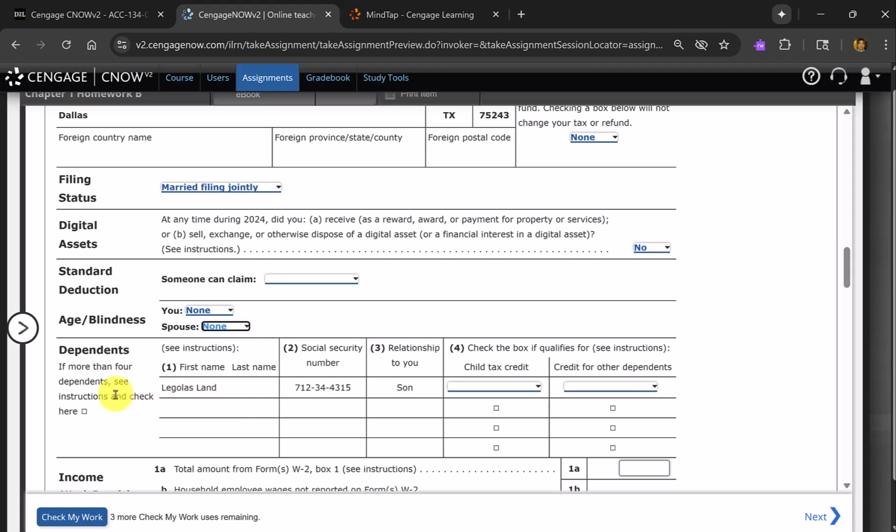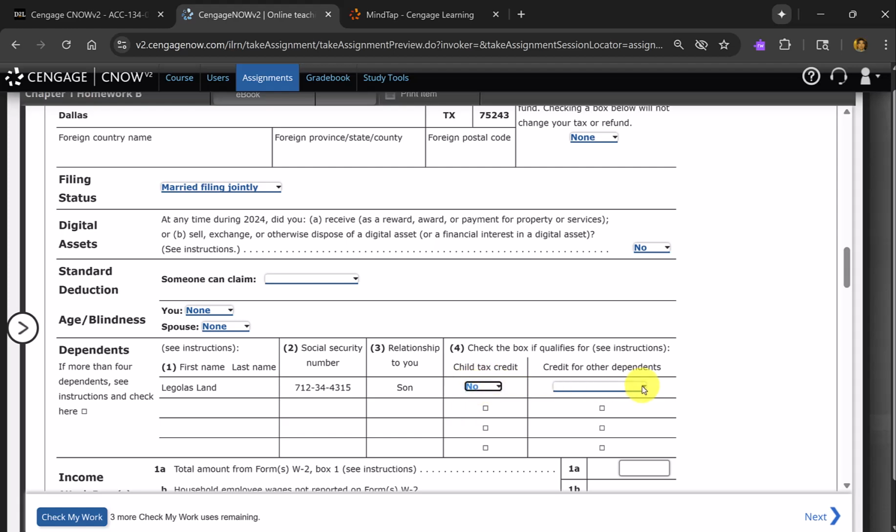Now for the dependent, again the name and social security number and relationship are already there. If that dependent were a qualifying child, again under age 17, you probably would put down here yes, but we're going to put in no. Or really in a real return, you leave this blank, but we have to fill in the blank on our screen here.